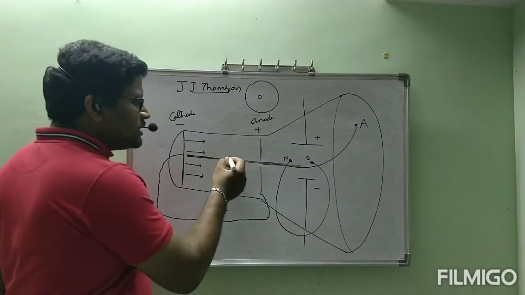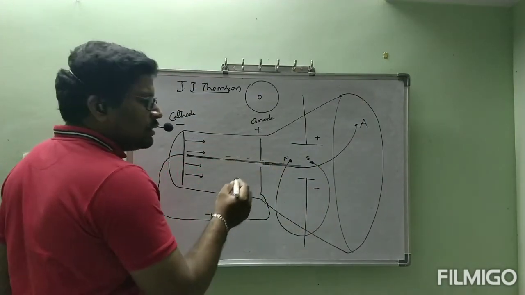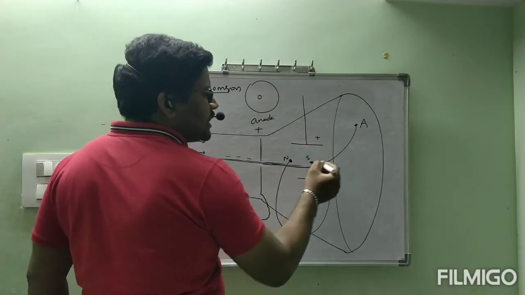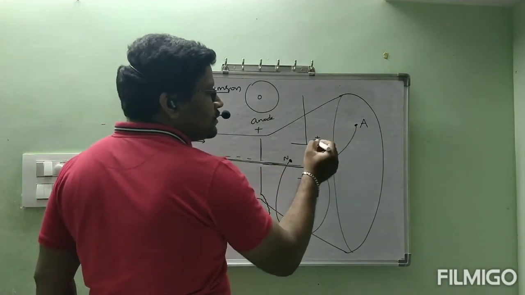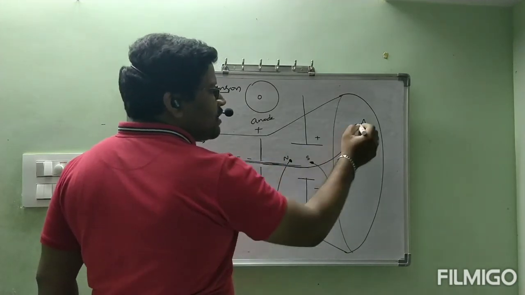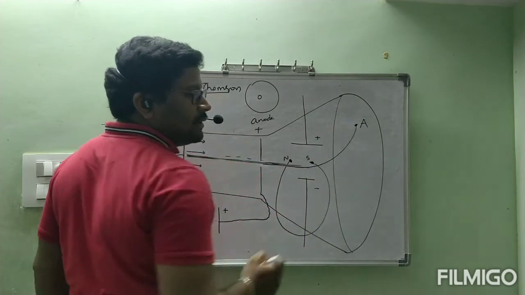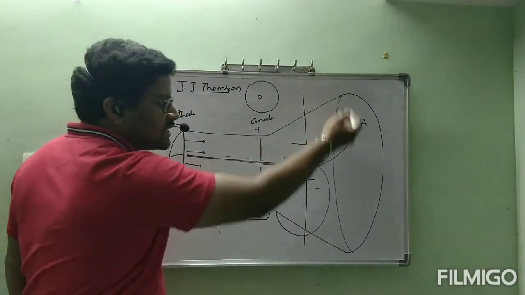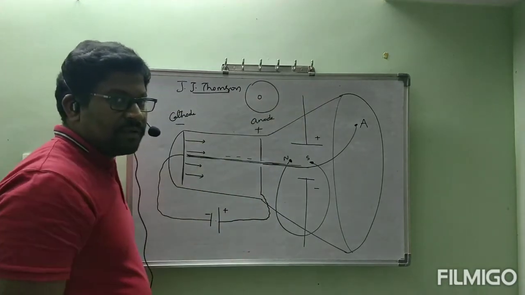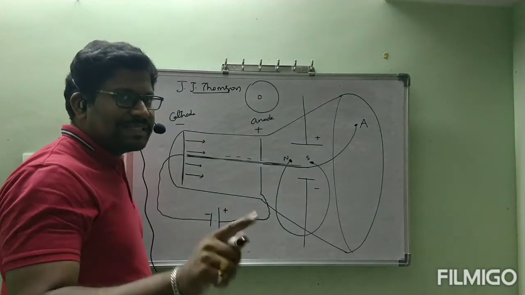These cathode rays are negative charged particles, no? Negative charged particles are deviated towards the positive charged plate. So in the presence of the electric field, they fall on point A. Then on the zinc sulfide, all the dots are present at point A in the presence of the electric field. Okay, that is step 1.